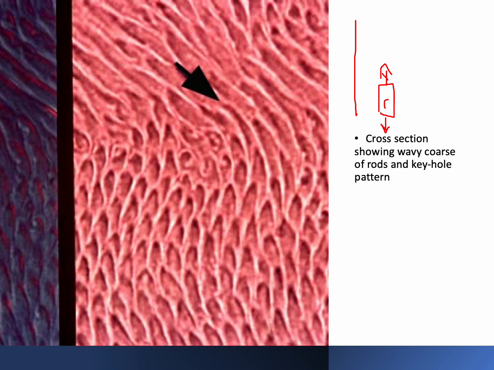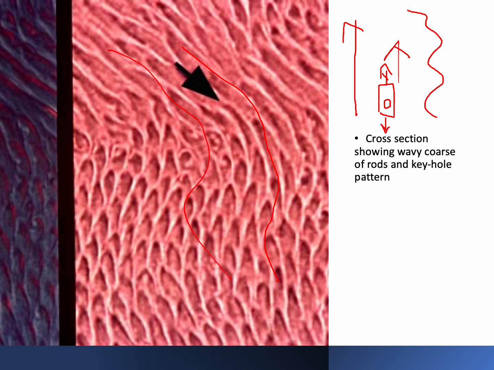But in that time, while they secrete the enamel going to the exterior of the tooth, they don't go in straight lines like this. They actually walk in wavy courses. So they create these wavy rod courses.